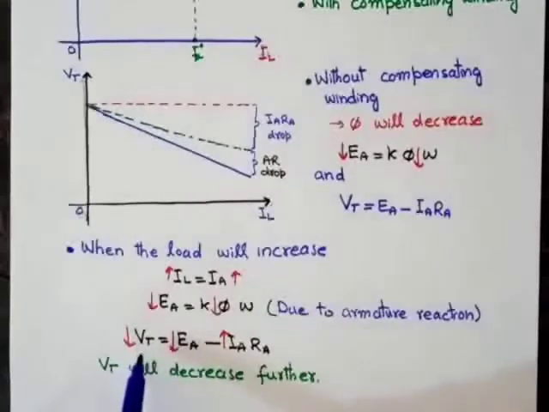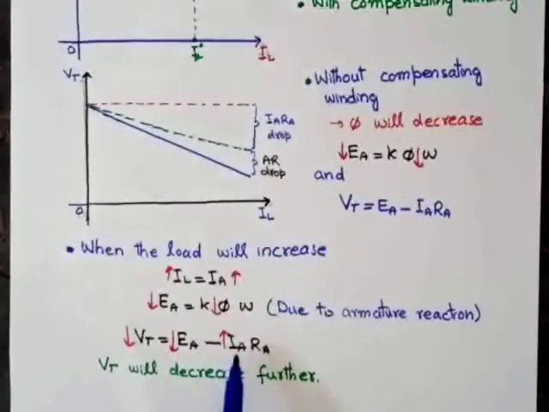Now, as we know, Vt is equal to Ea minus Ia into Ra. When the internal generated voltage decreases, the terminal voltage will decrease, because the relationship between internal generated voltage and terminal voltage is directly proportional.